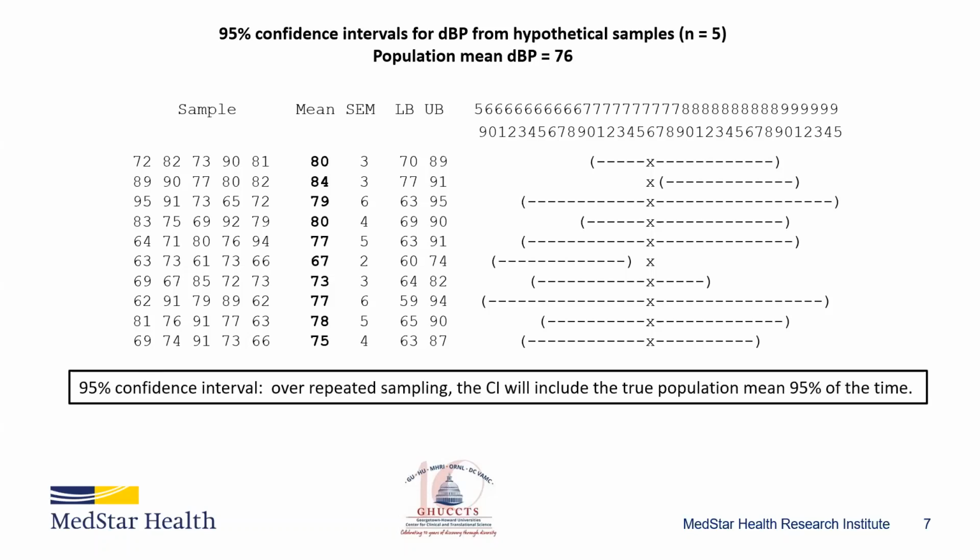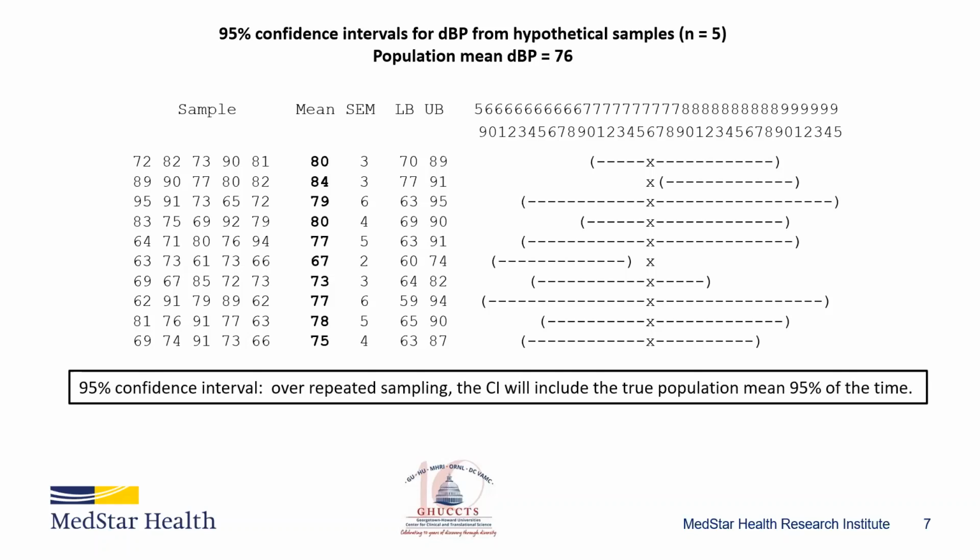And so from the frequentist viewpoint, the 95% confidence interval means that over repeated sampling, the confidence interval will include the true population mean 95% of the time.